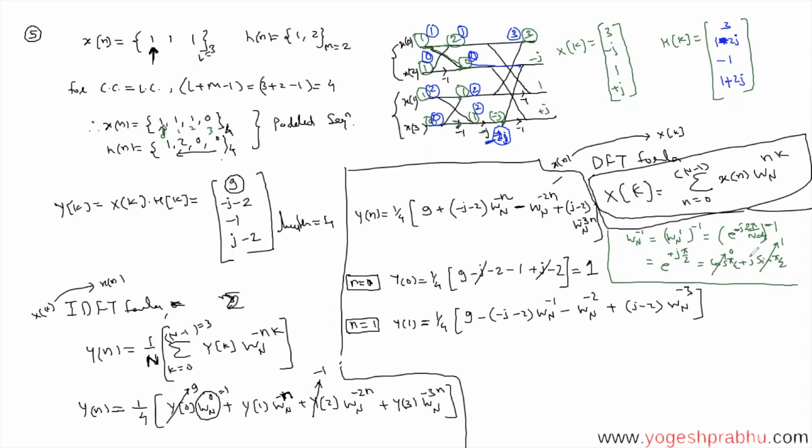I made some mistake. wn raised to 1 is e to the j 2 pi by n. Oh, there's no minus here. This is positive here. So then this becomes negative, and the answer is minus j. Okay, so you get this answer as minus j.